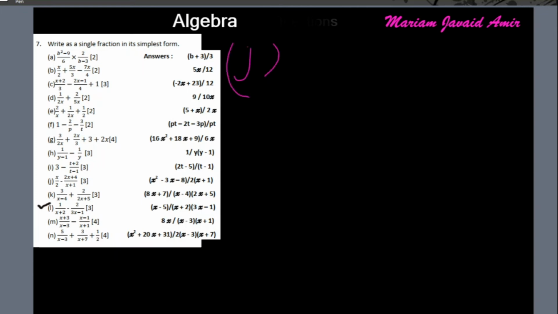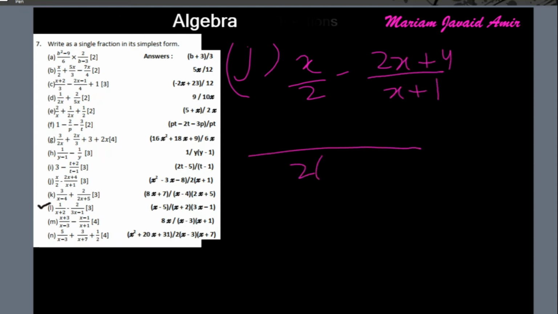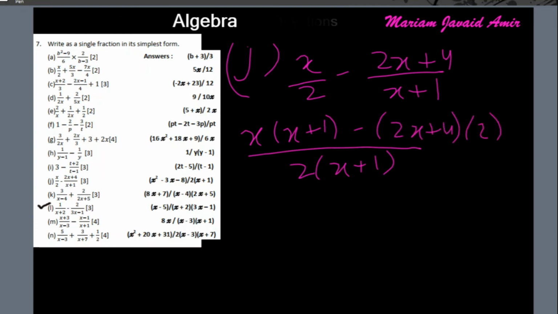Okay, so part J, which is x over 2 minus 2x plus 4 over x plus 1. So the LCM will be 2 times x plus 1. This gets multiplied with x plus 1, and minus 2x plus 4 gets multiplied with 2.